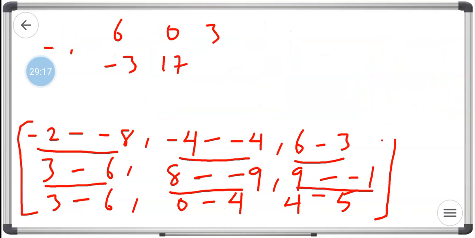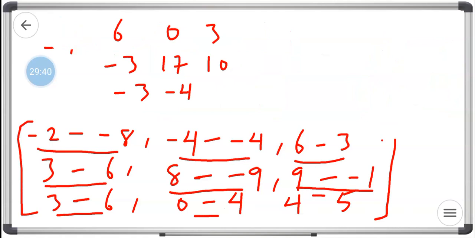That is 9 plus 1, because minus times minus is plus. So that's 10. Now the next row, 3 minus 6, that's minus 3 as well. And here, 0 minus 4, that's minus 4.